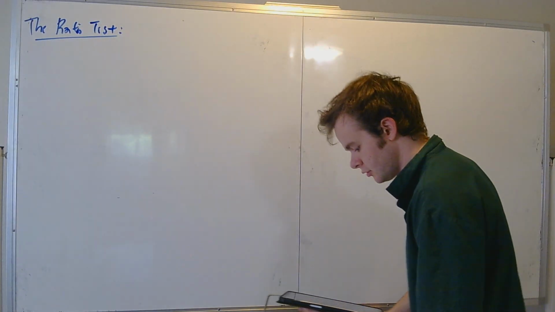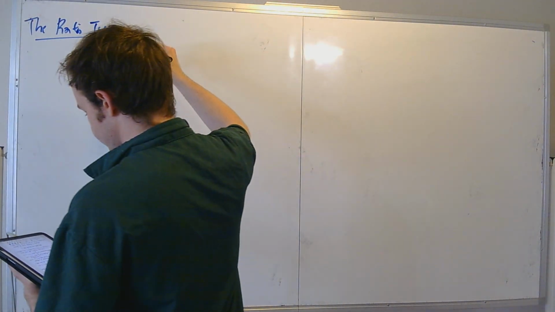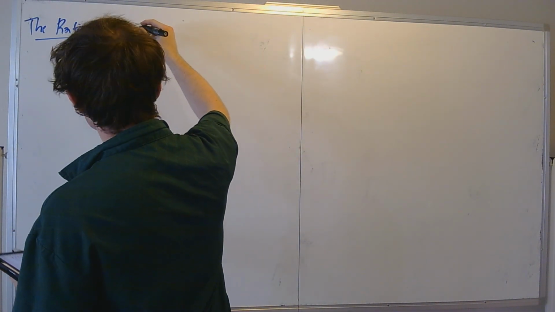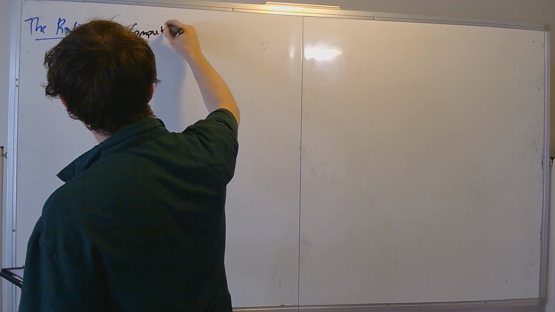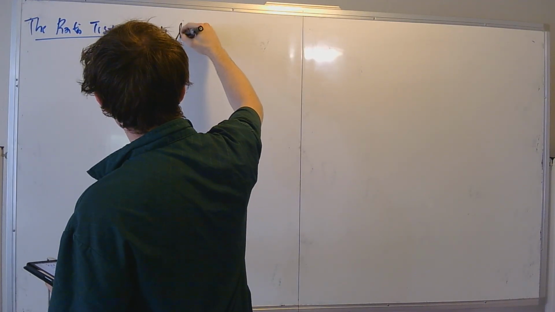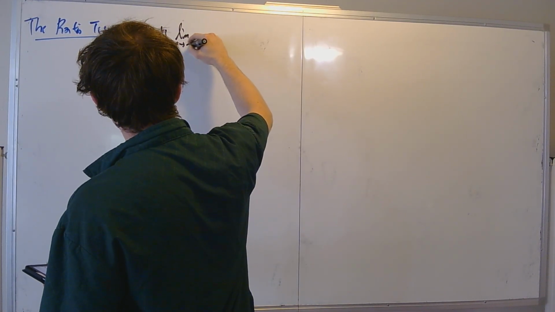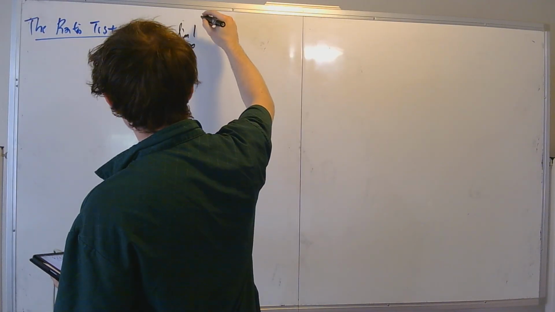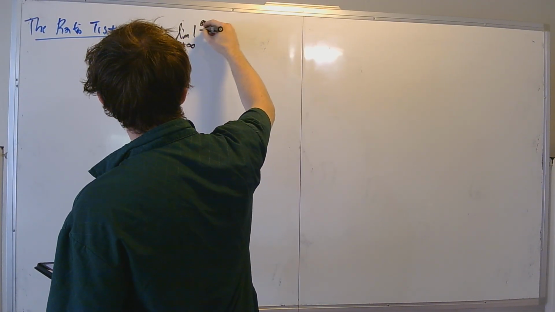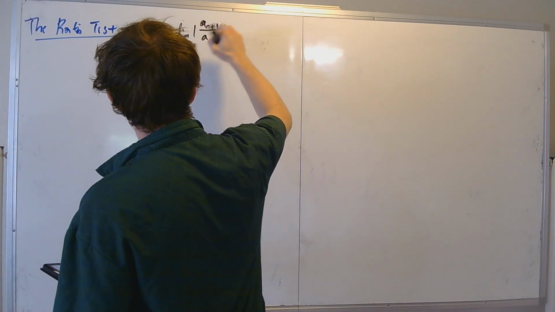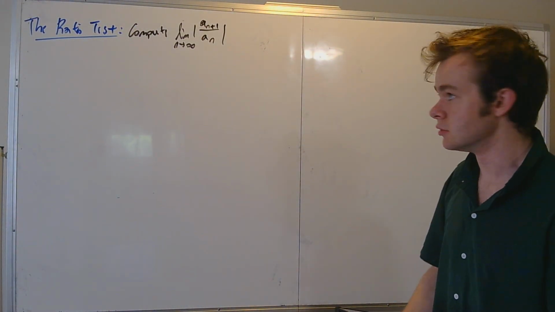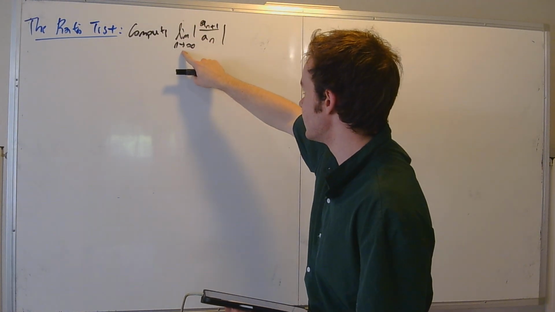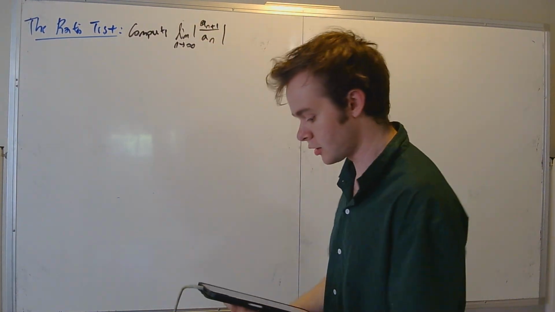Okay, so the ratio test is going to say compute the limit as n goes to infinity of the absolute value of a_{n+1} over a_n. So that's that ratio that I talked about previously. Just now we talked about taking the limit as n goes to infinity of this fraction.